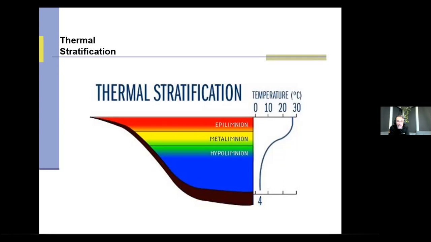So that's a problem. What happens is, say the blue layer is 4 degrees and it's really, really cold outside, and all of a sudden that red layer starts to get to 3 or 4 degrees. What happens is a turnover, so that the water at the bottom flips over to the top. They call that turnover.